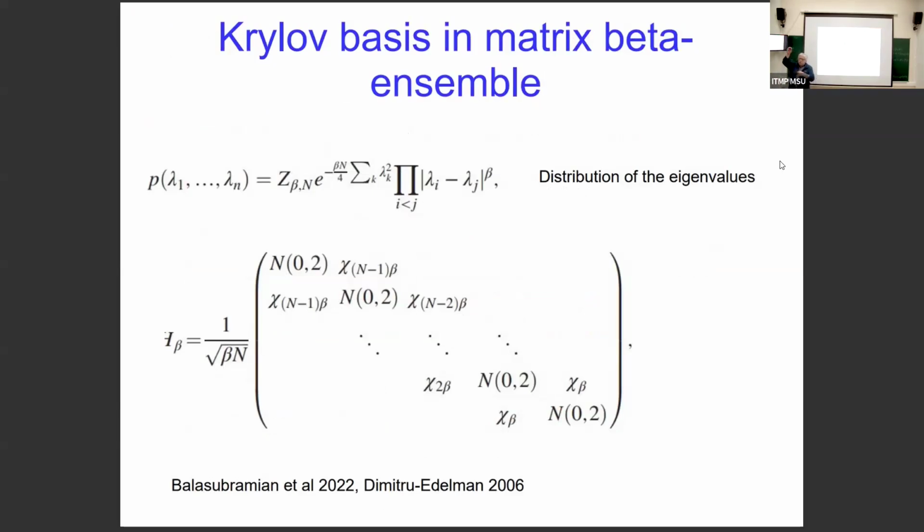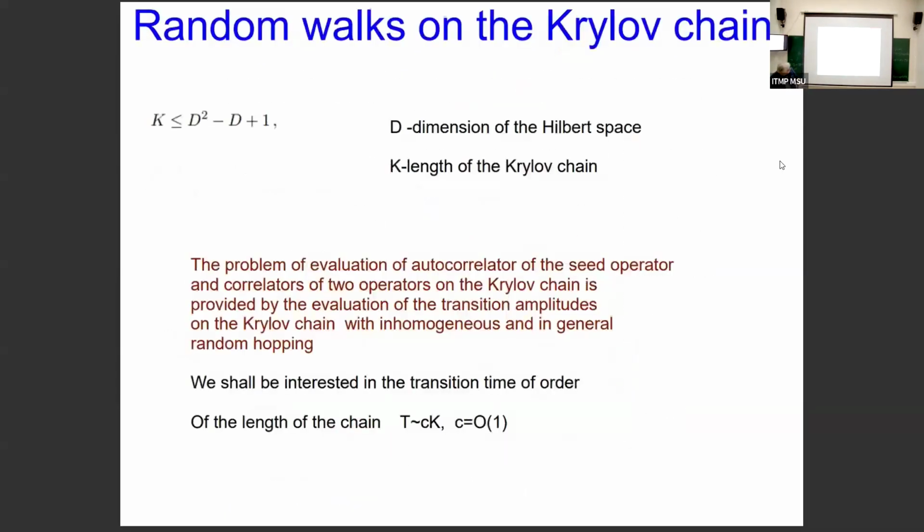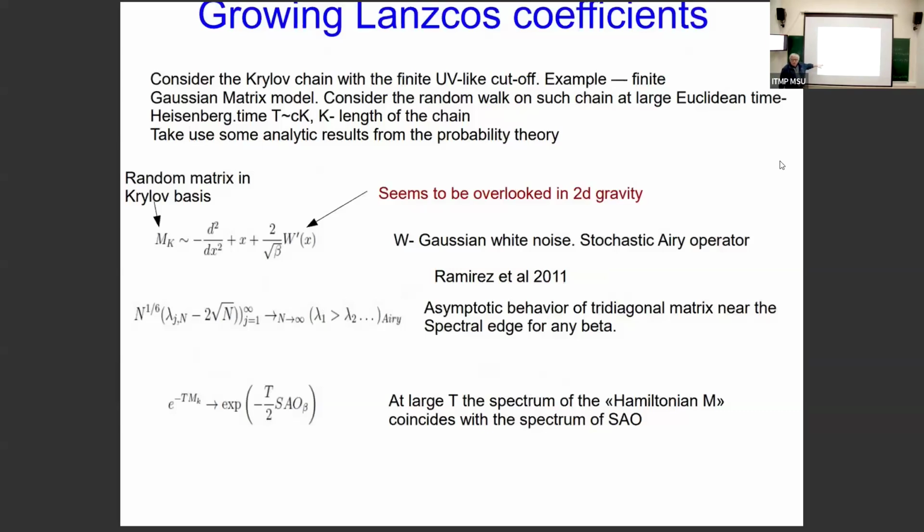When we consider evolution in the Lanczos, in the Krylov space, we consider the powers of this stuff. This is the left-hand side. So we consider the representation in terms of the tridiagonal matrix in the Krylov basis. This is the theorem that the behavior of this stuff, which provides you the autocorrelators, is related to the behavior of the stochastic Airy operator.